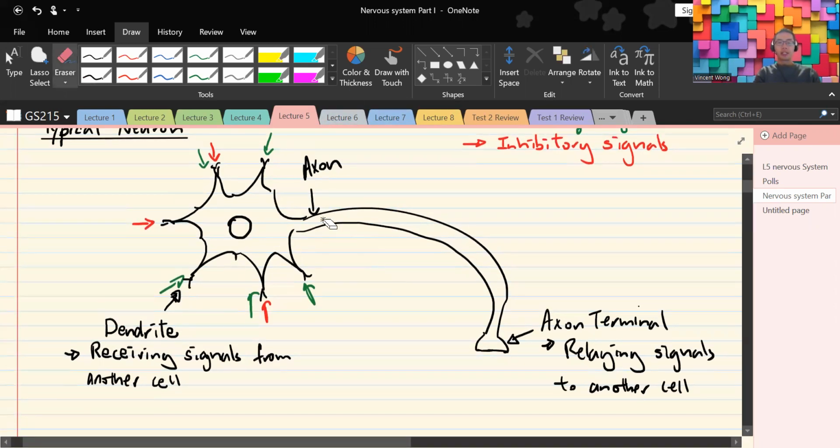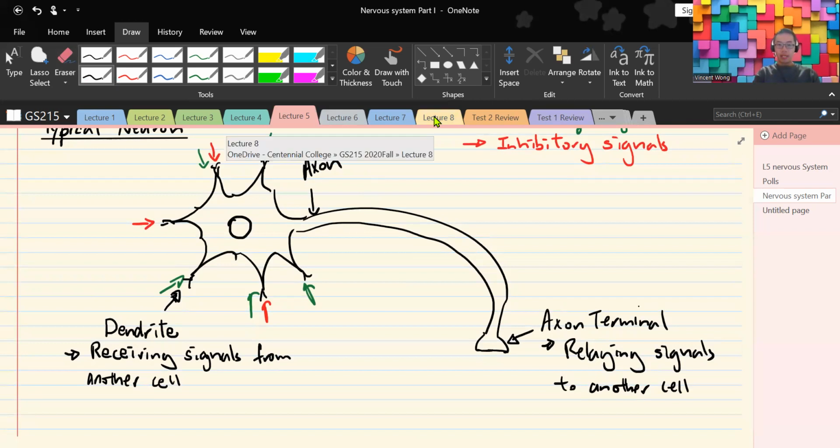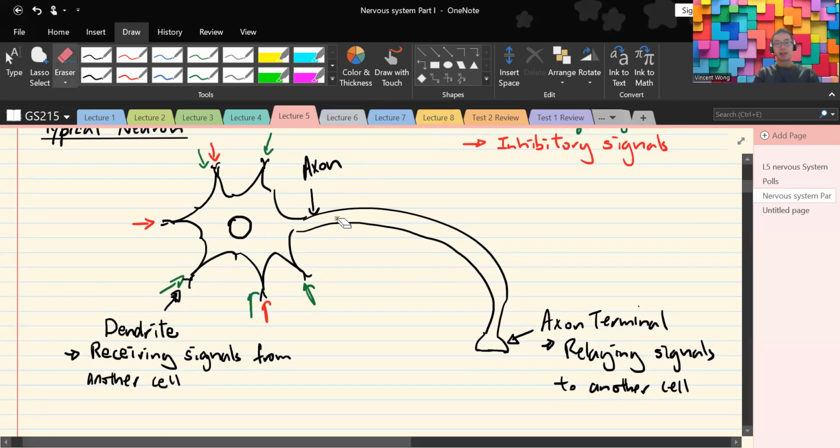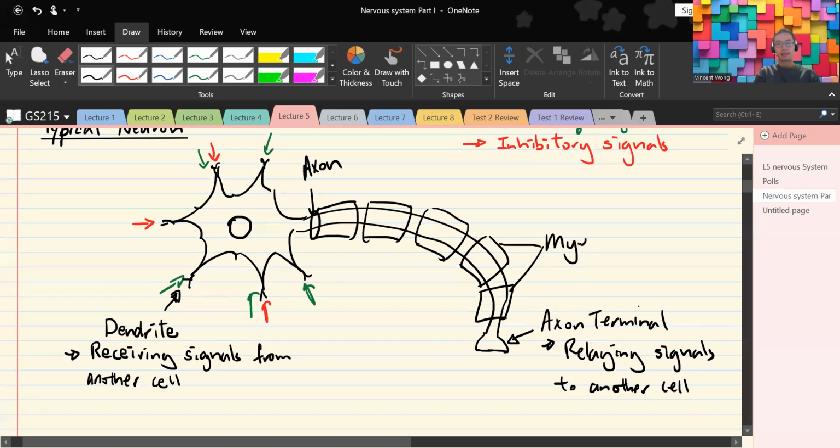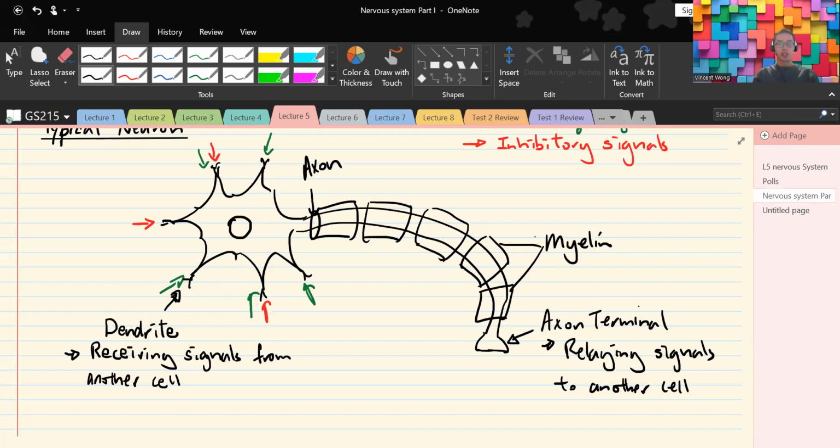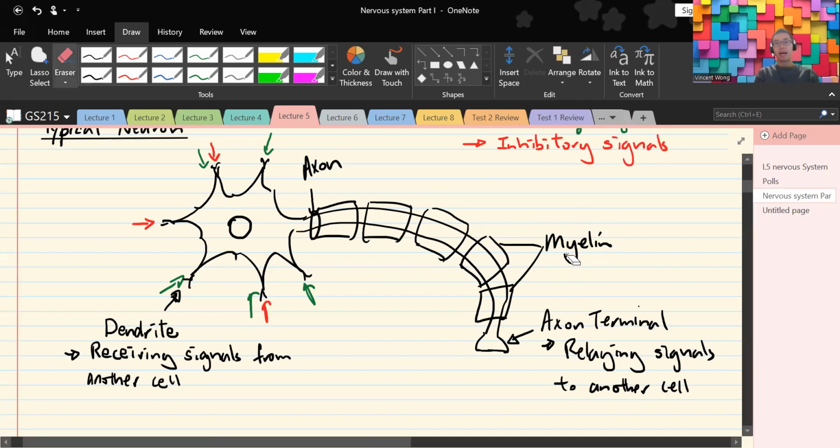Now, in order for the signal to not get weakened as it's passed down the axon, many axons actually have this insulation. It's like a fatty substance that wraps around the axon, and it's called myelin. If we are talking about the central nervous system, which is the brain and the spinal cord, then the oligodendrocyte would be responsible for forming the myelin.